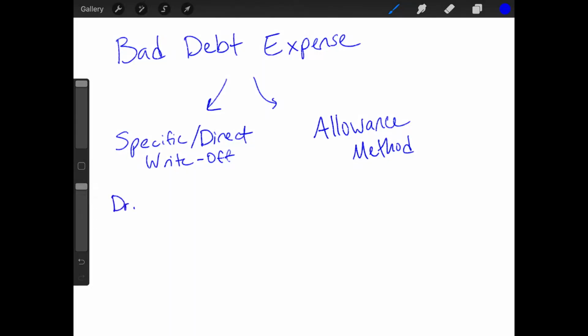So the direct write-off method means you're debiting bad debt expense and crediting your accounts receivable, writing those accounts off only once you know that specific account will go bad and that customer won't pay you back.